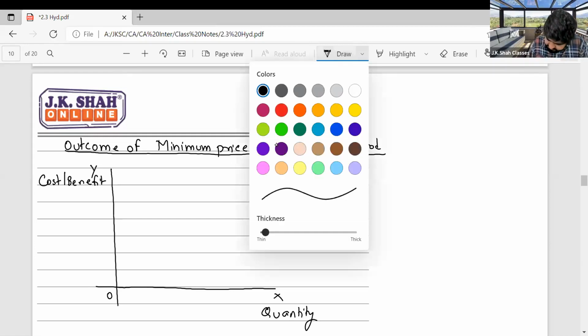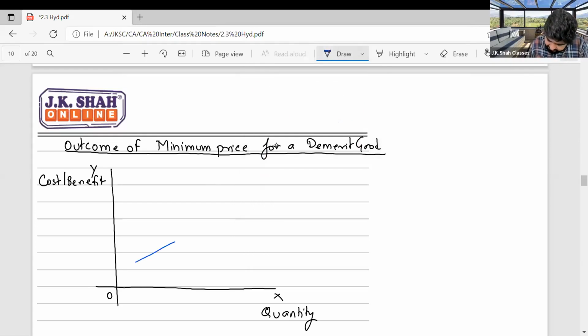So this is the curve that you have made, a simple line, MPC. I hope you are all taking the help of a scale. Even if you're drawing freehand, please practice it with a scale once. MPB curve, downward sloping.